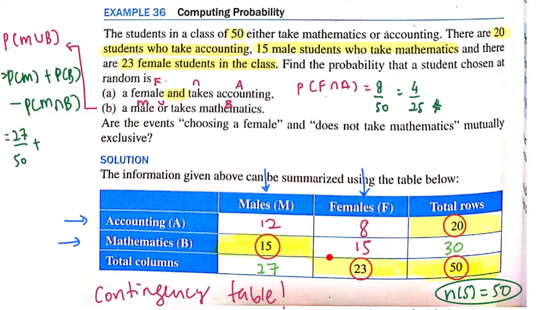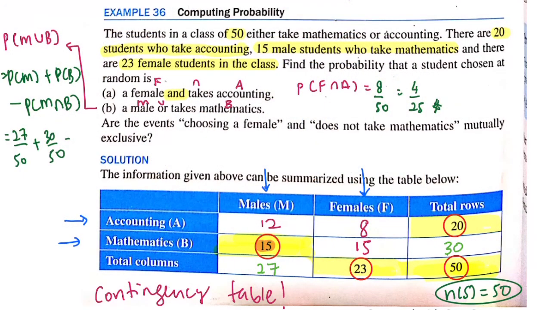Let's write here, plus, let's find P(B). So B is for mathematics. The total for mathematics is 30. So it is 30 over 50. And finally, let us minus it with the probability of M intersect with B. So let's see, your M is here, your B is here. So this is the intersection right now, which is 15.